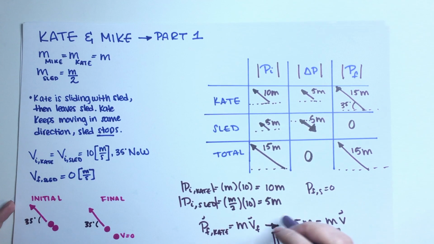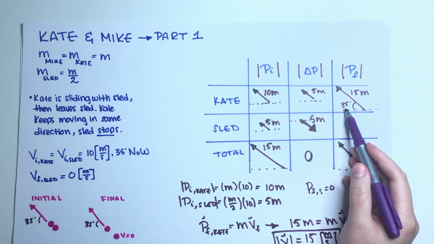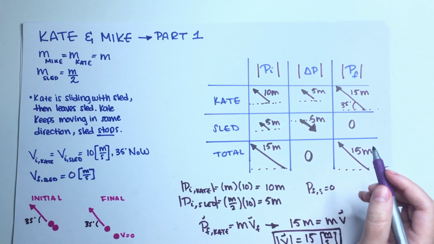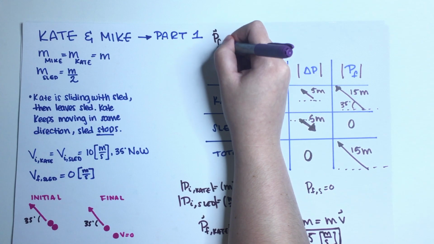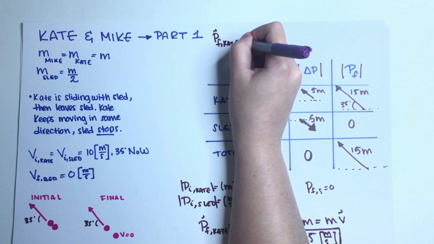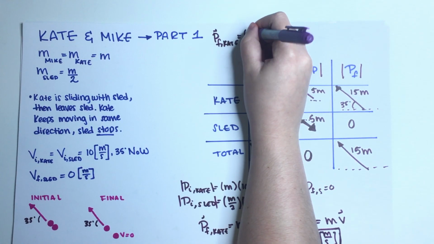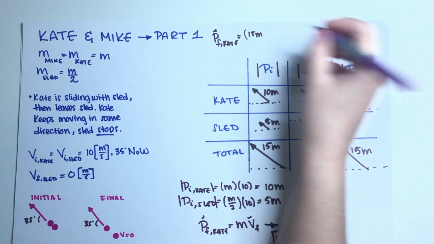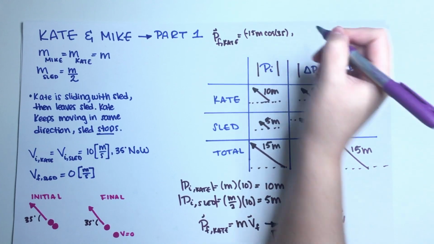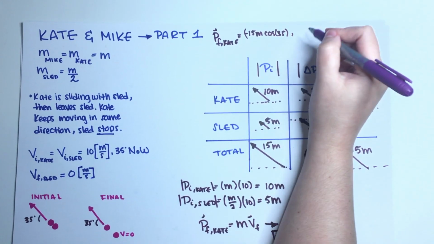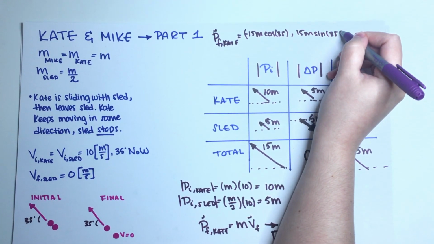So the magnitude of her momentum is 15 m, and she has this angle over here. So if I separate this into X and Y components, then her X component is just going to be 15 m cosine negative of 35. And the Y component is just going to be 15 m sine of 35.